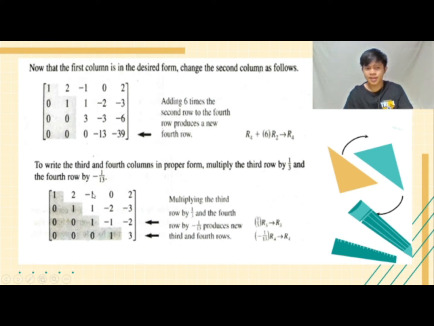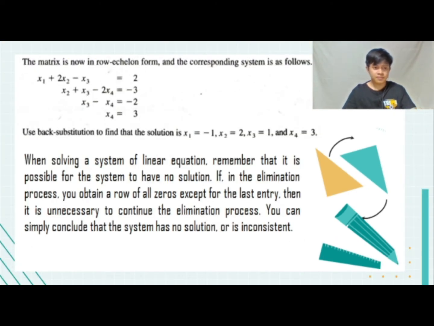So, nasunod po natin ang hinihingi on how to write in echelon form. So, we are now here x of 1 plus 2x of 2 minus x of 3, and then the x of 4 was missing, so is equal to 2.